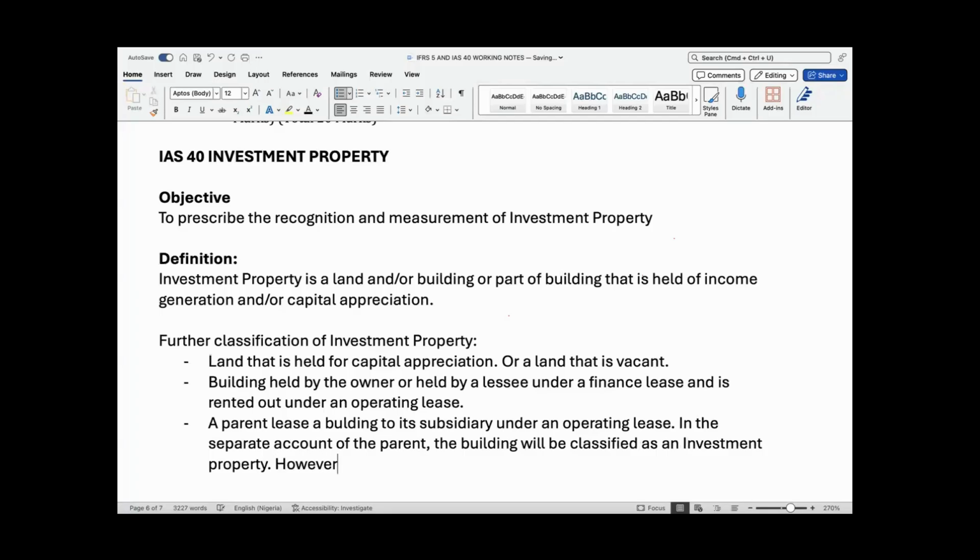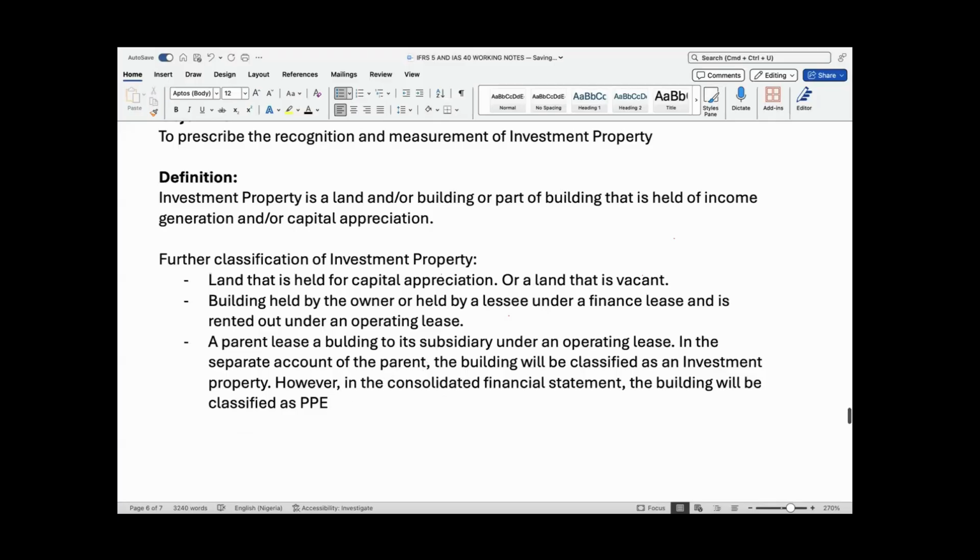However, in the consolidated financial statements, the building will be classified as PPE because the group is using it. So as far as the group is concerned, it is not rented out, because we do not recognize similar transactions.